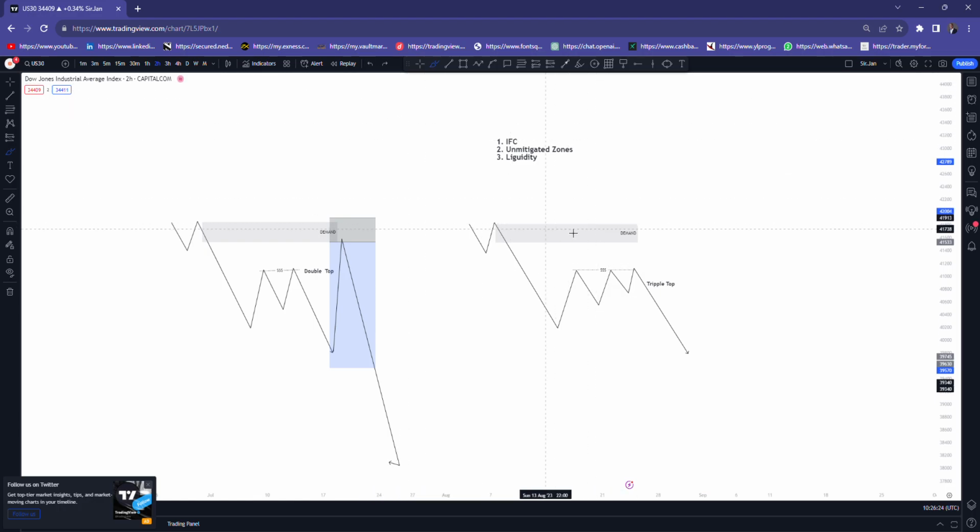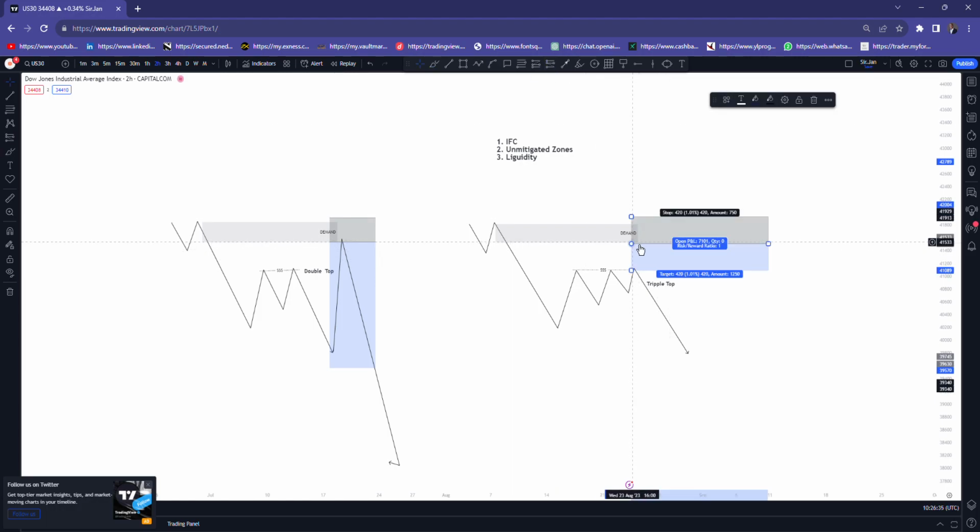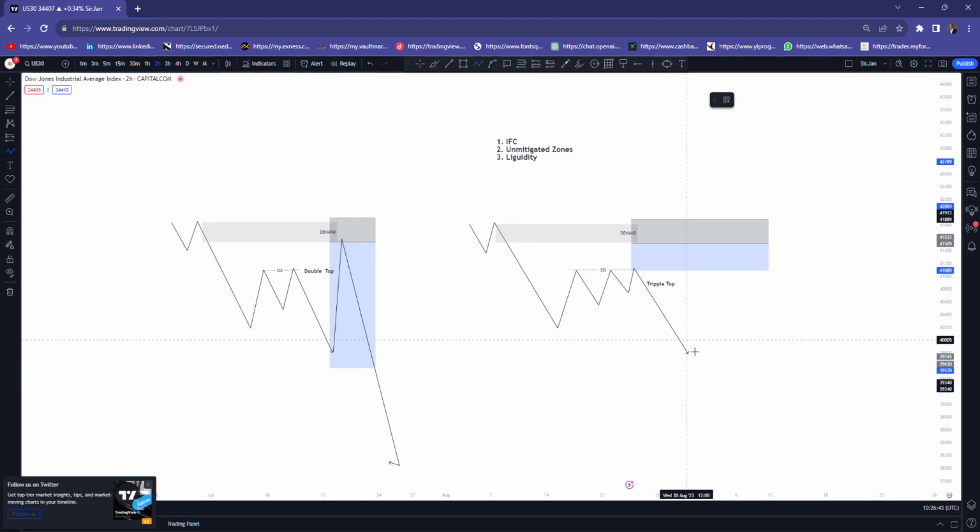In such an area, we know that this price will come back to tap us in. That's what we know. We just need to stick to the trading plan.